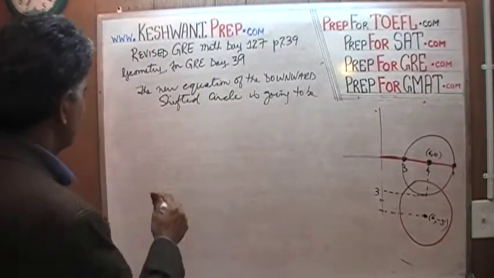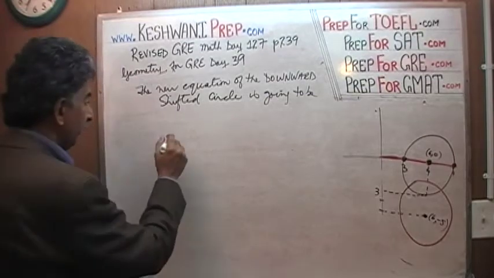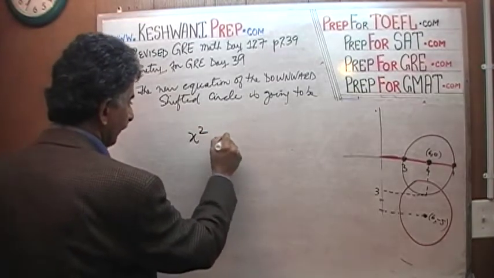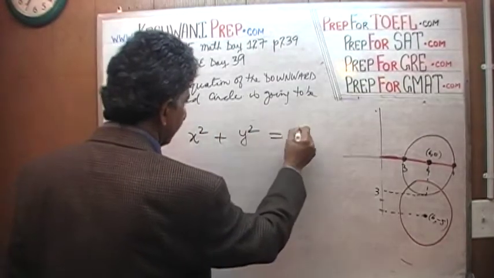Listen carefully. In the very beginning, the circle was very civilized, very straightforward. It was sitting right at the center.